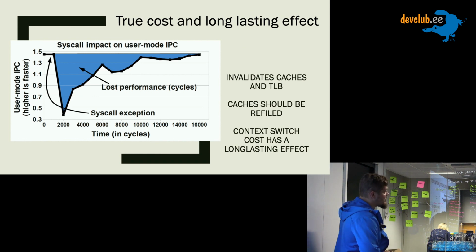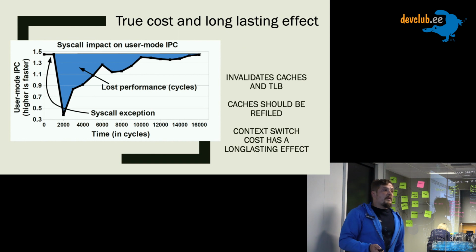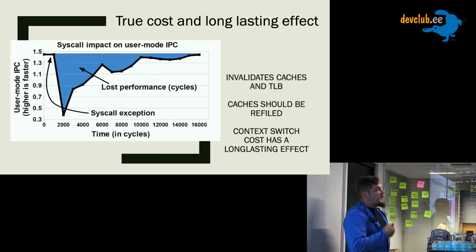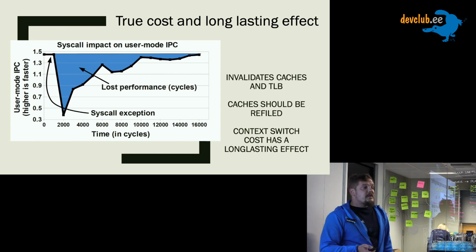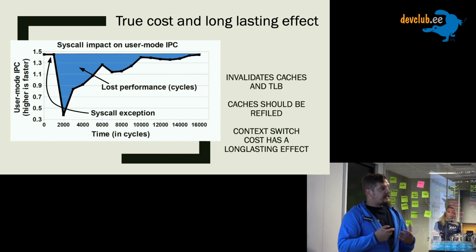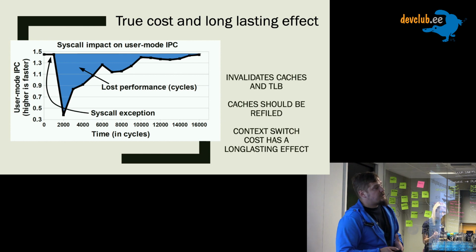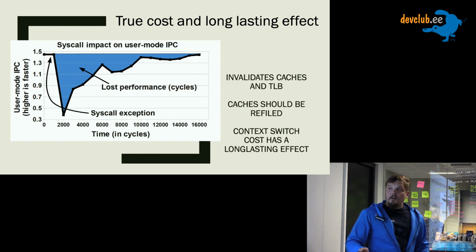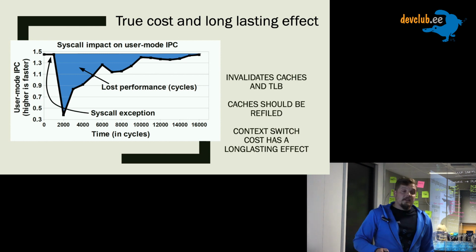of context switches or syscalls is much larger, because if you have cache invalidation, if you have core pipeline flushing, it means that the next processes which get the execution time will suffer from empty caches, and it needs some time just to refill all this execution context.